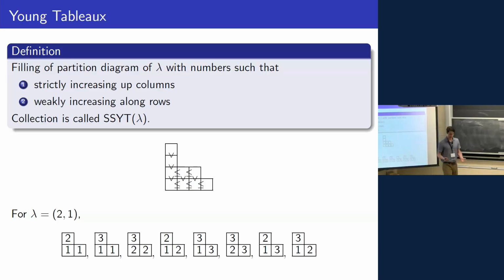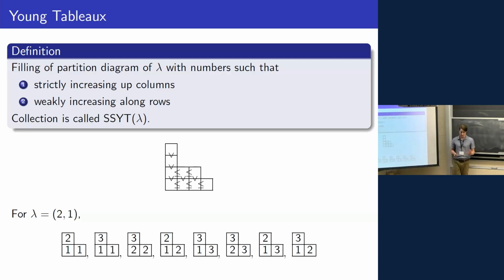For instance, if I take the partition 2, 1, a partition of 3, and fill it with the numbers 1 through 3, then these are my 8 possible semi-standard Young tableaux. These have a tendency to show up in various places in combinatorics, so we like them a lot.